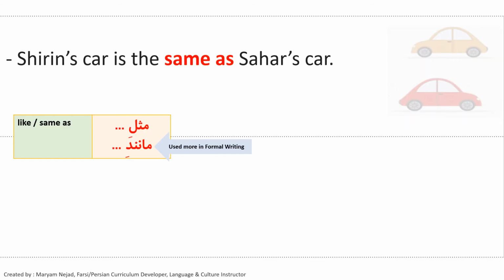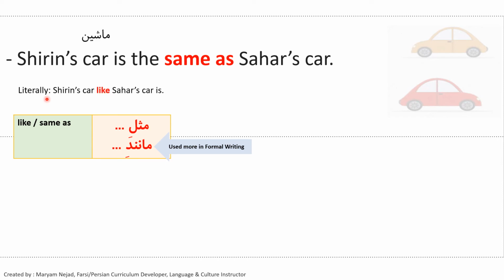Let's see another example. So we want to say Shirin's car is the same as Sahar's car, or something like Shirin's car is like Sahar's car. So again, we use مثل, or a little bit more formal, ماننده.